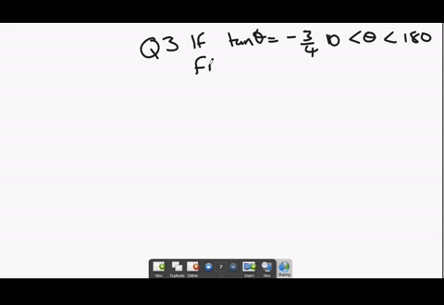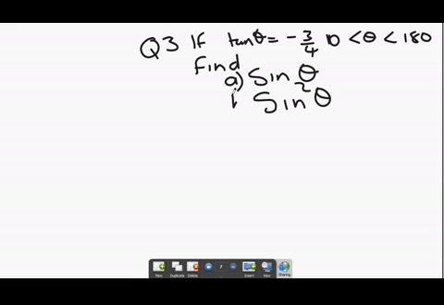Now they want you to answer questions, and we have to answer questions because we have to get to a certain point. Find sine theta. That's the first very easy question. Then I'll say find sine squared theta. A tricky question because it is something that some people always forget, so I like asking this question.